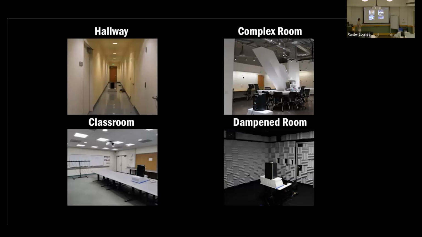One thing I'd like to highlight is that we've set up this audio capture system and captured 4 different rooms very densely with 500 microphone locations within these spaces, so that we can evaluate the performance of the audio synthesis quality.